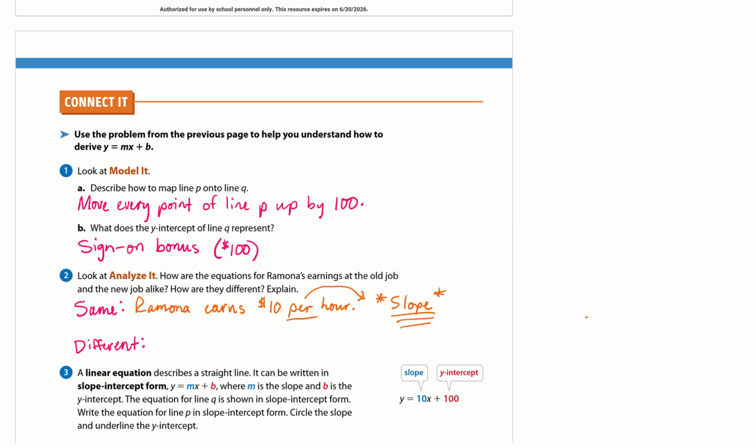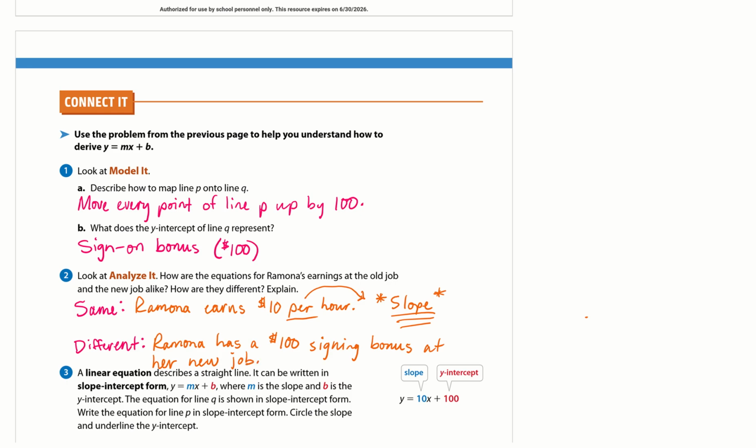When you look at where those equations are different, I think the big one there is that Ramona has a signing bonus. I'm going to put a $100 signing bonus at her new job.